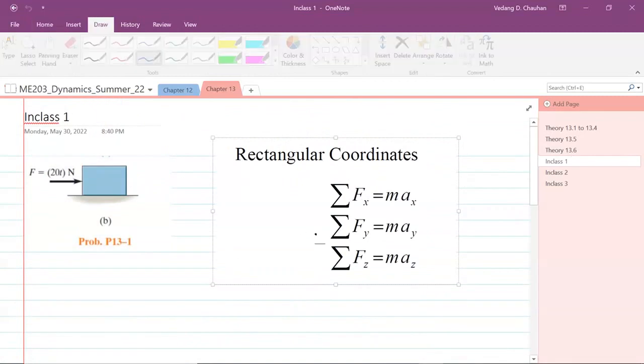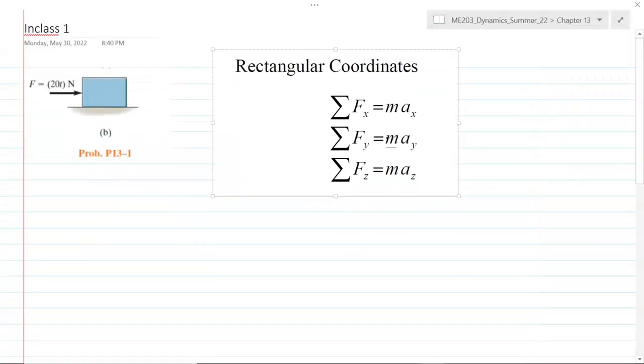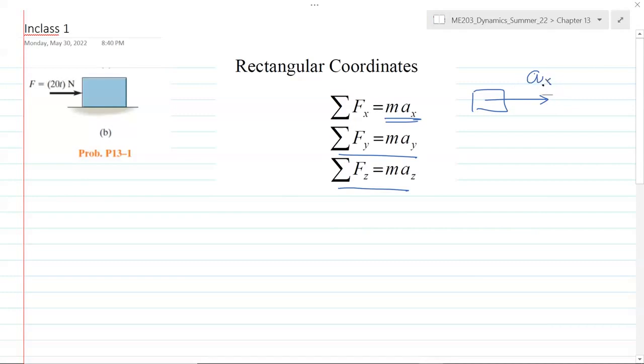Now these are the rectangular coordinate equations of motion that we will consider for this in-class exercise, where the sum of forces in x is mass times x acceleration if the particle has motion in x. Same goes for y and z. Now remember, if the particle is moving in this direction and speeding up, that means its velocity increases with time, then acceleration is in the same direction.